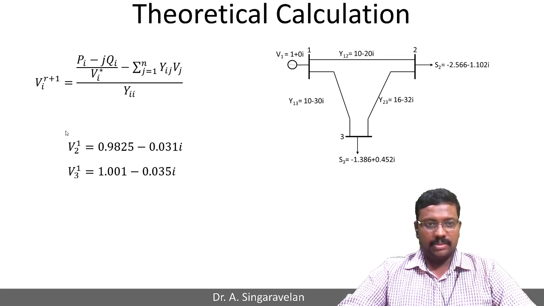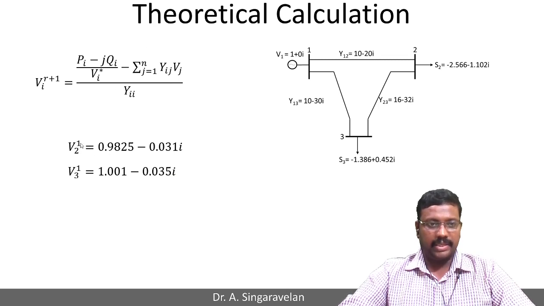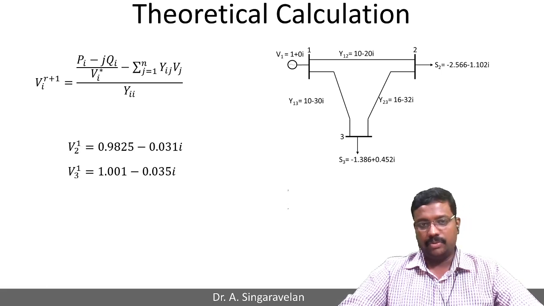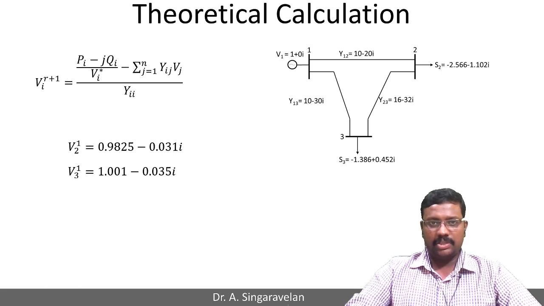We find the values for bus 2 and bus 3 by solving this equation for iteration 1. In a theoretical calculation we can't do 20 or 30 iterations, so you need to find the voltage at bus 2 and bus 3 up to one iteration. How did we get this? Just by solving this equation.